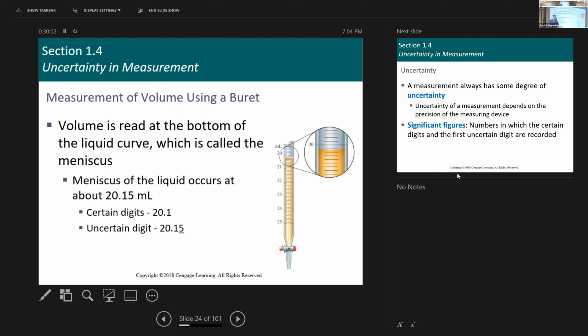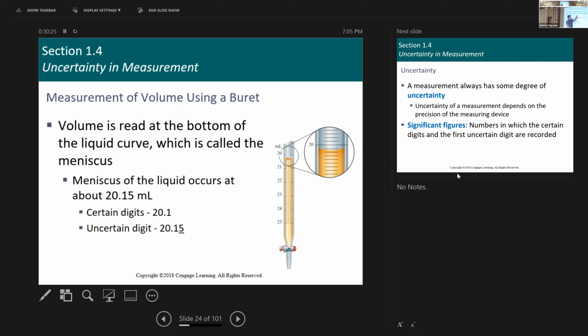Now let's get to the actual measurement. So this measurement is 20.15, if I had to guess. So why did I pick that? What's the method behind that? So keeping in mind the certain digits and the uncertain digits, here's how you do it. You first want to read what you know 100% for sure.